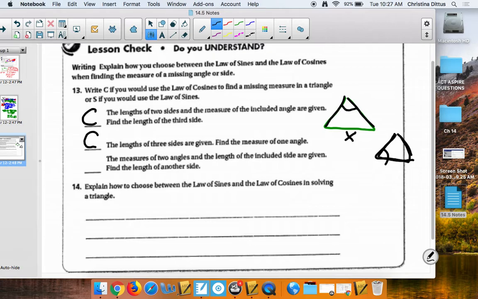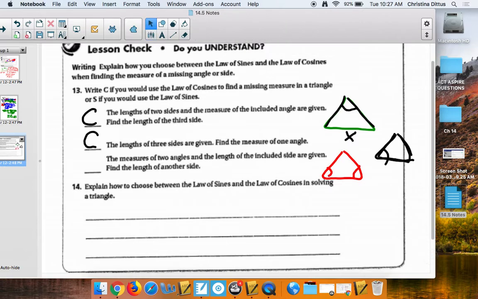The measure of two angles and the length of the included side are given. So this time we got two angles and the included side, and I'm looking for the length of another side. So let's say this one. Two angles, one side.